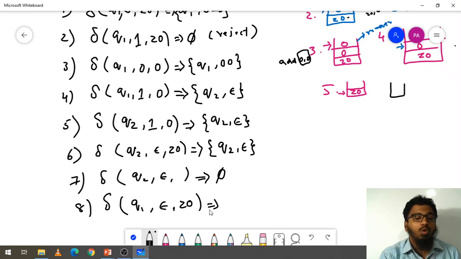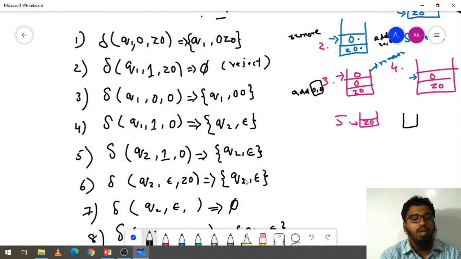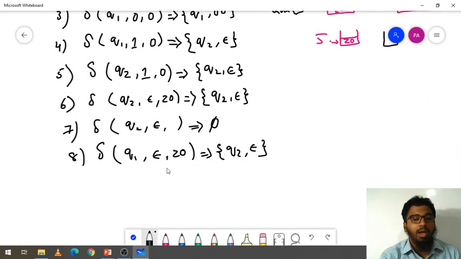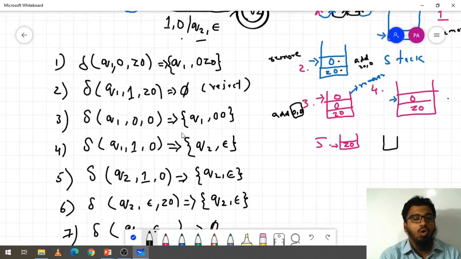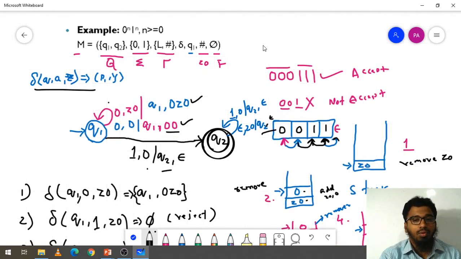Where will it go? It will go to q2 epsilon. That means from the initial state we are going to the final state. Check in the graph: q1 on epsilon goes to q2. So whenever we have q1 epsilon Z0, at that time it will go to q2 epsilon. So this is the example of a PDA.